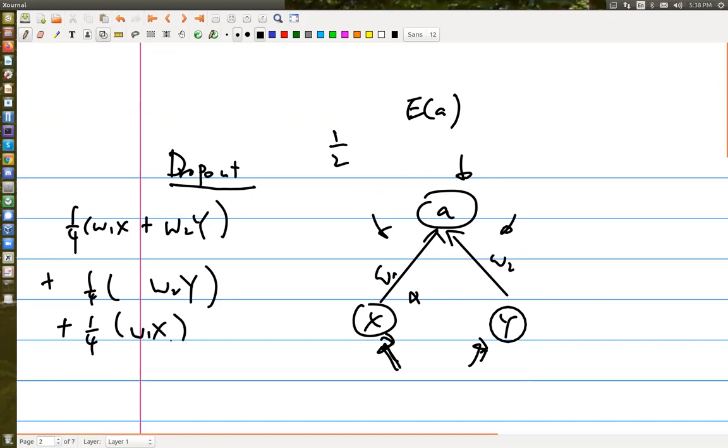Or I may have both of them dropped, then I will just get 0. Now my expectation of A will be equal to all of this added together, which is 1/2 (W1X plus W2Y) here.